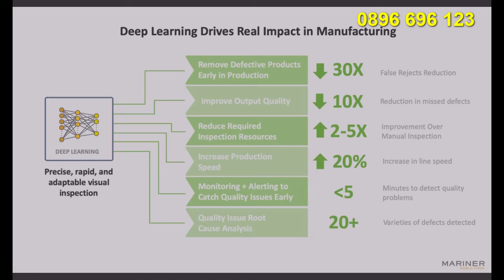But there are a number of other areas that we were pleasantly surprised by when we started getting these systems into production. One area that's really interesting is root cause analysis. As I mentioned, if you're able to tease apart 15, 20 different defect classes and tie that to real-time reporting and alerting and monitoring, as we do, all of a sudden you can optimize your overall production way more quickly.